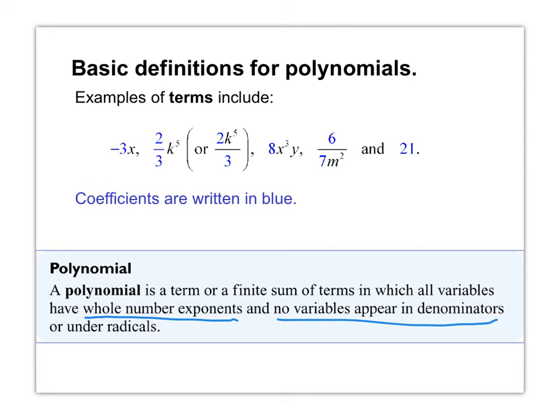So negative 3x can be a term in a polynomial because the exponent is a whole number. 2 over 3k to the fifth can also be a term in a polynomial because of the whole number exponent of k to the 5. Now, the term 6 divided by 7m squared cannot be part of a polynomial because the variable appears in the denominator. So that would not be considered part of a polynomial, although it is still a term.